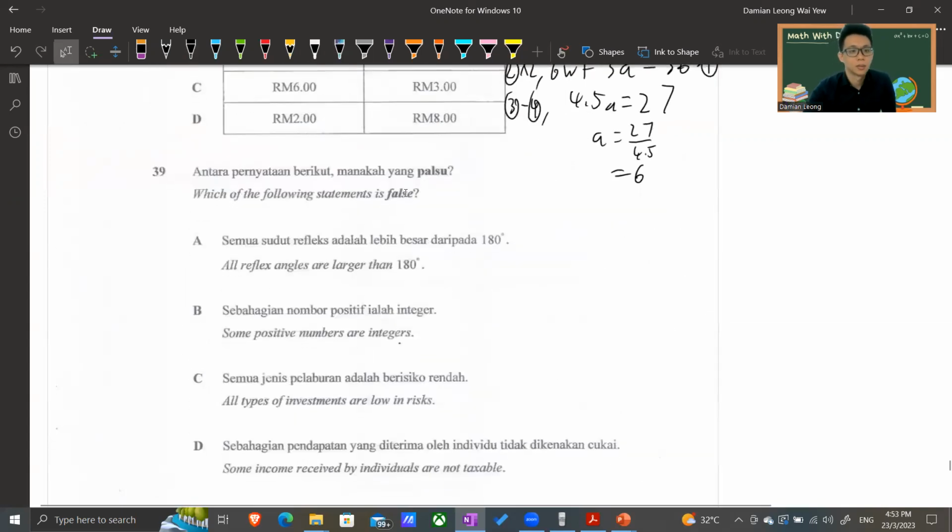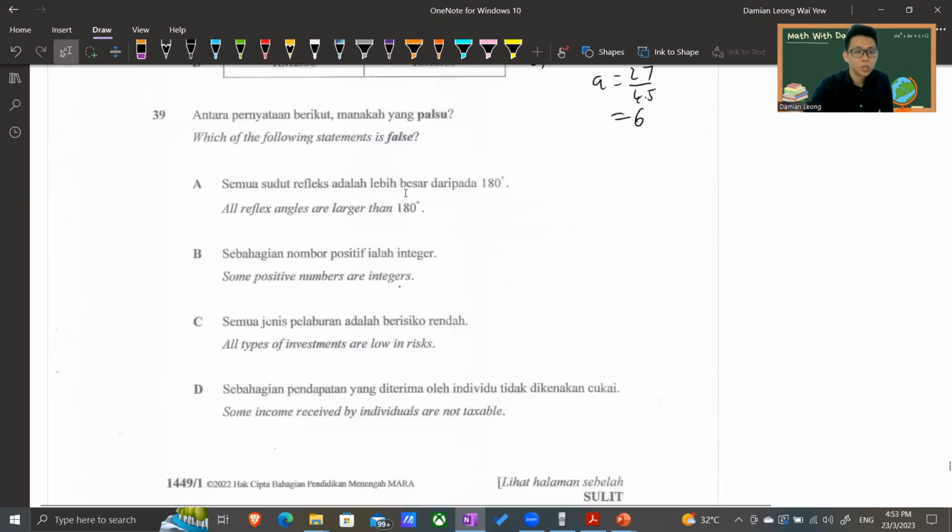Next. Question 39. Which statement is false? All reflex angles are larger than 180. This is true. Some positive numbers are integers. Some means there are exceptions. All means there are no exceptions. Some positive numbers are integers. That is true.